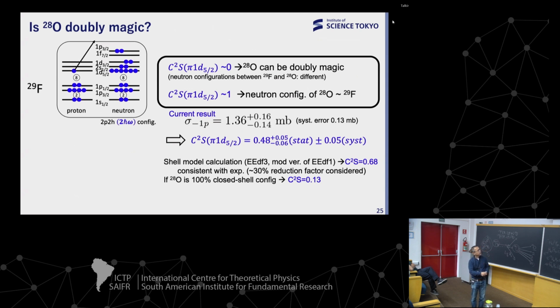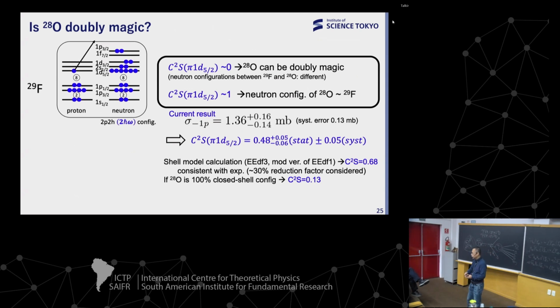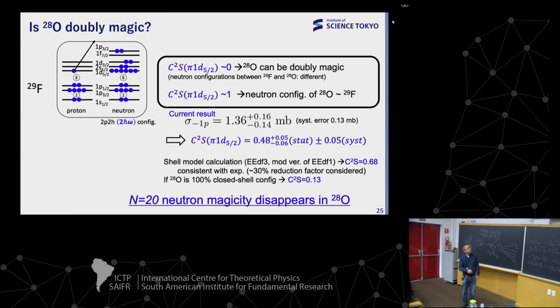And if we consider the reduction factor, in the case of quasi-free scattering, we expect some reduction of the spectroscopic factor. If we include this, it is almost consistent with this value of 0.48. On the other hand, if we assume the closed-shell configuration and calculate it in the shell model, then we got C²S of 0.13. So with this comparison, we concluded that the N=20 neutron magicity disappears in oxygen-28.